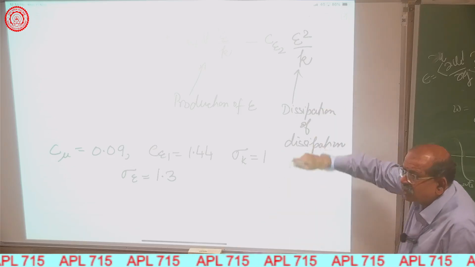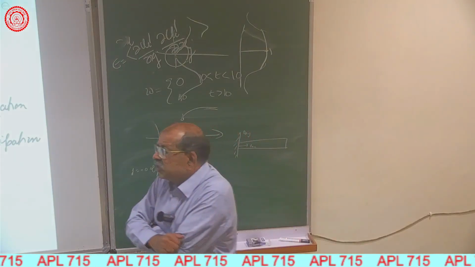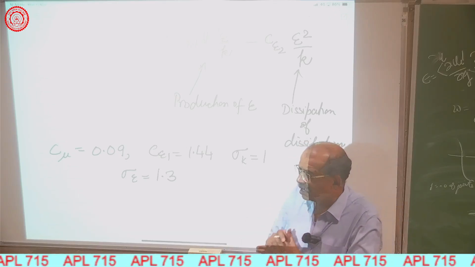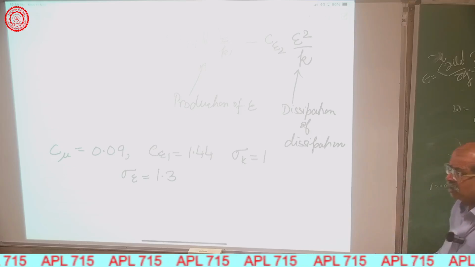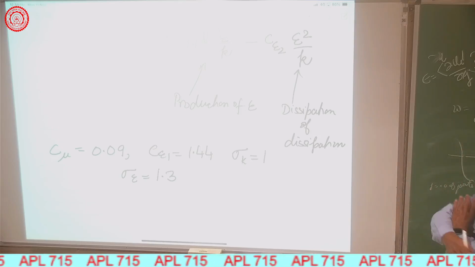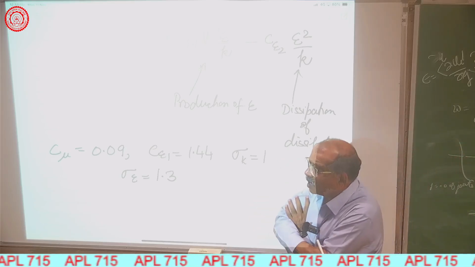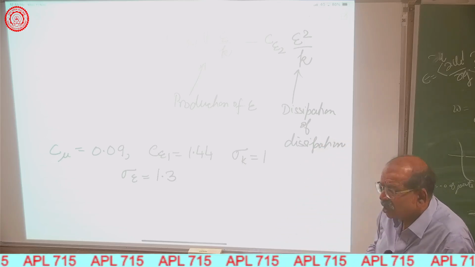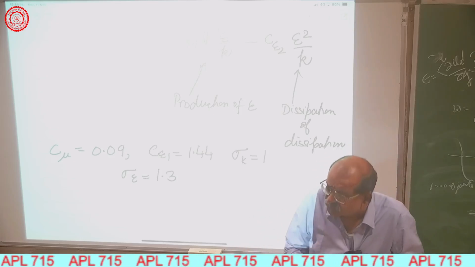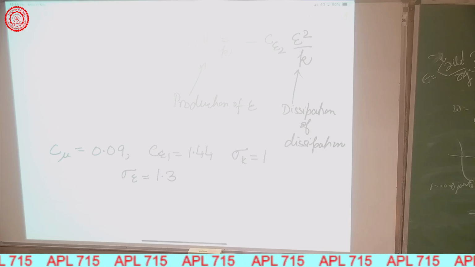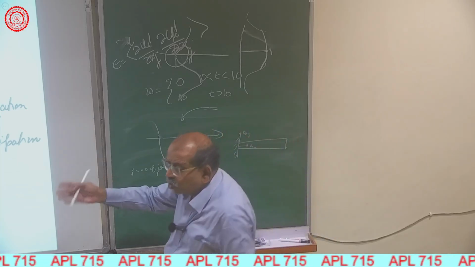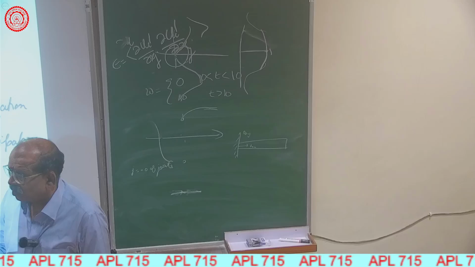So as you see from the years, the first time we got this equation was in 1975, 1976. So about 50 years back, roughly. Since then, this has been a very popular model. Even now, in industrial flow where computational resources are less, and if nothing else is available, at least for the first estimates, if we have to find the flow, we use the K epsilon model. But now you know what actually is the K epsilon model.